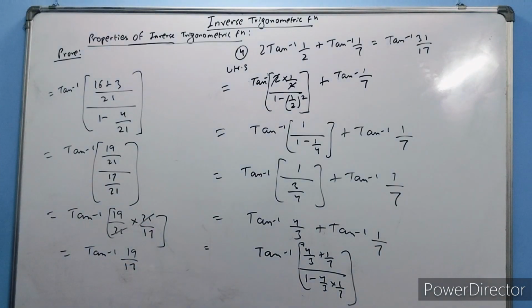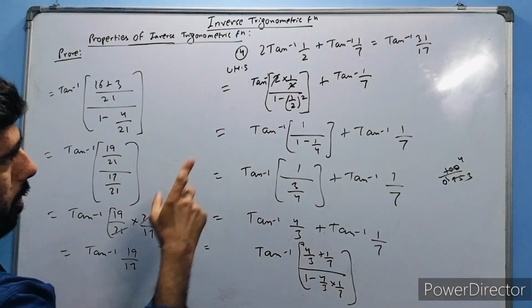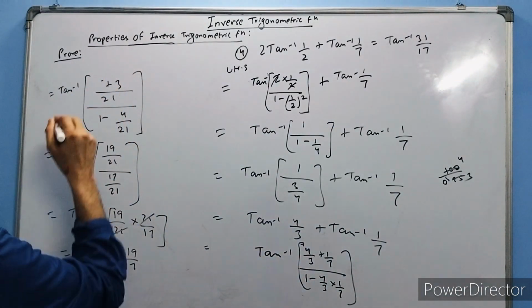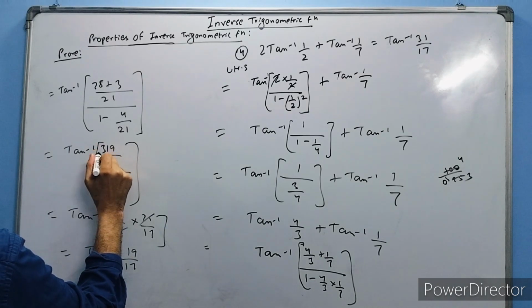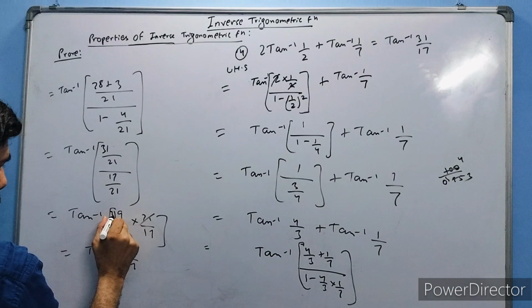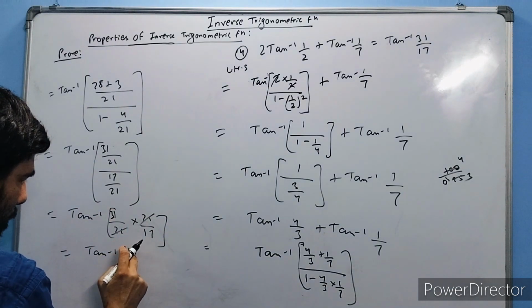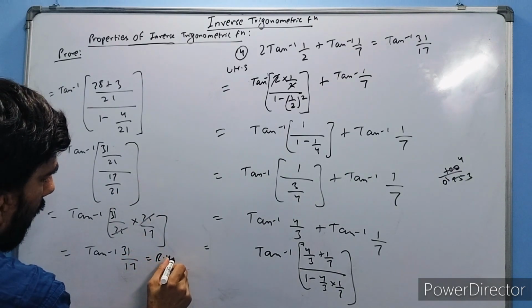Wait, we have made a mistake here. After taking the LCM, it will be 28, and then it will be 31 here. So finally I got my answer, which is equal to the RHS.